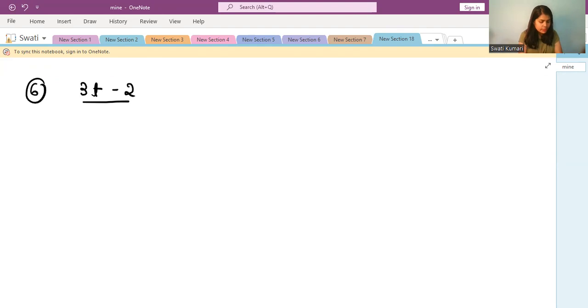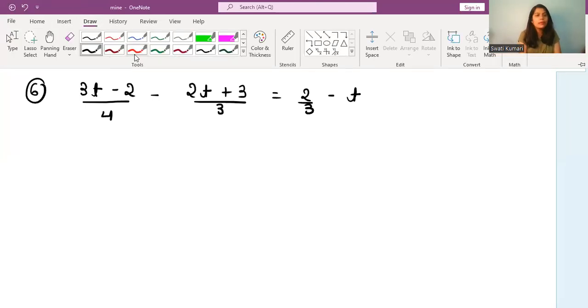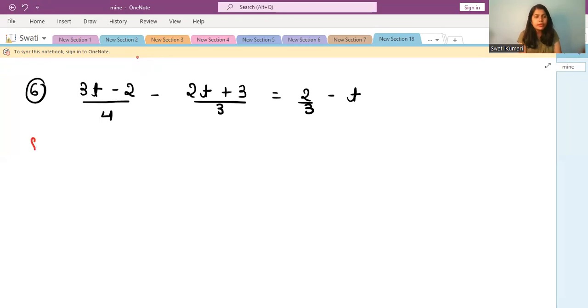So 3t minus 2 upon 4, and then we have minus 2t plus 3 upon 3 equals 2 upon 3 minus t. This is a bit complicated for some students maybe, and for some it may not be. Let us solve this. You can see that in this term we have t, in this term we have t.